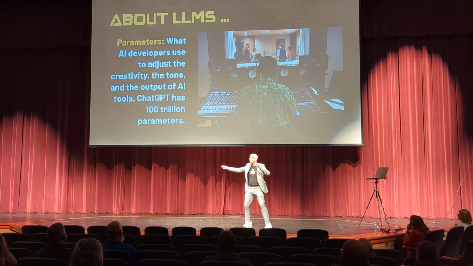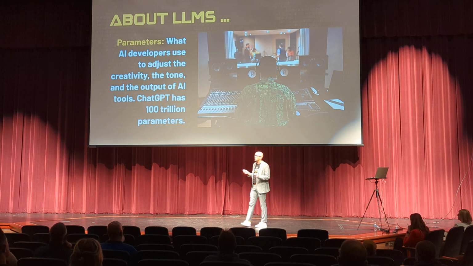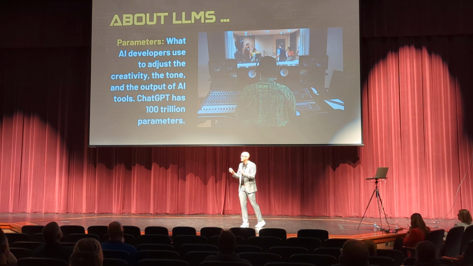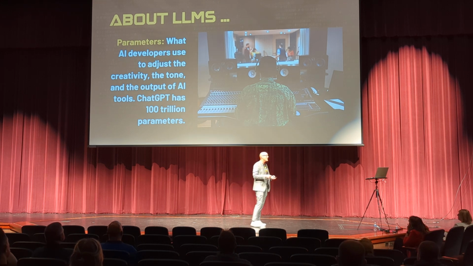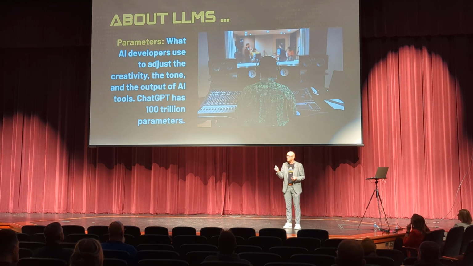It's trying to figure out what goes with what. But then the parameters are the ways that the AI developers are able to adjust what it does, like how it creates information for us, how it interacts with us. And ChatGPT works off of 100 trillion parameters.